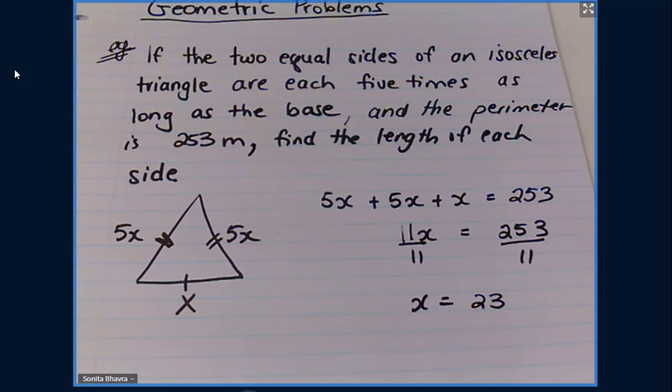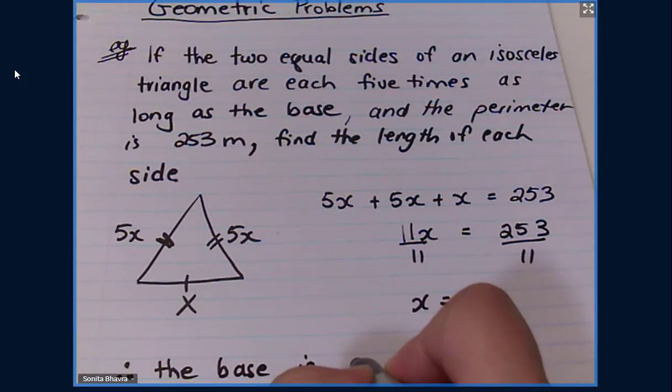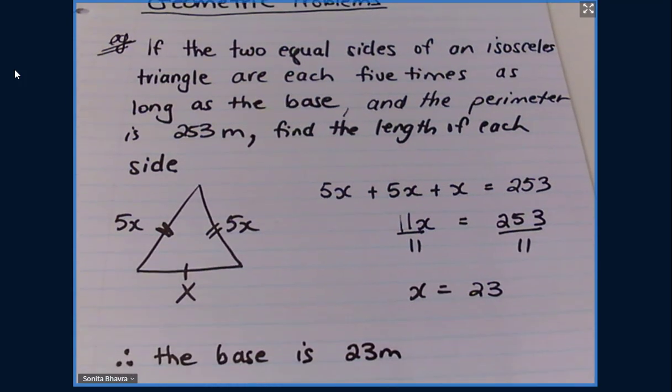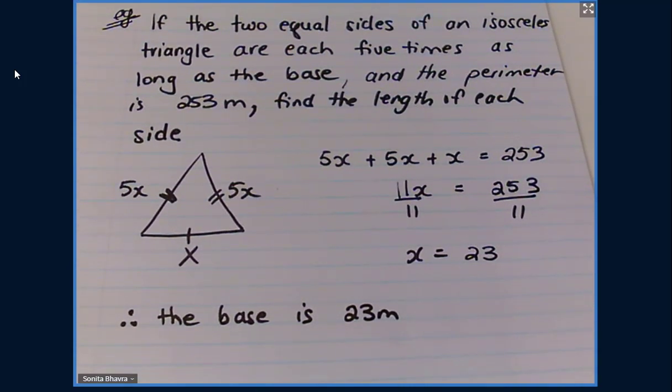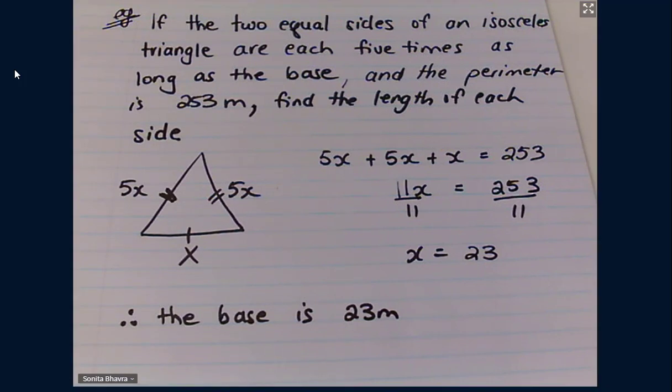All right, so just because we know x is equal to 23, we still don't know what the length of each side is. So we do have to go back to our diagram. So the base is 23 meters because x is equal to 23, and we called our base x. And the two equal sides are going to be 5 times 23, which is 115.